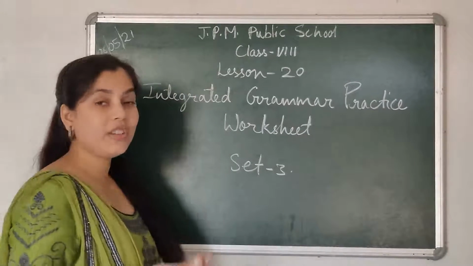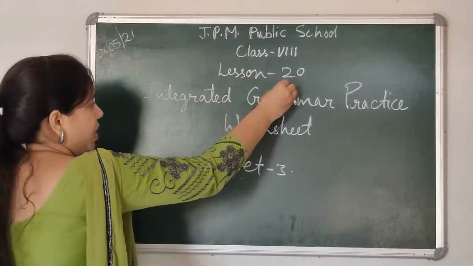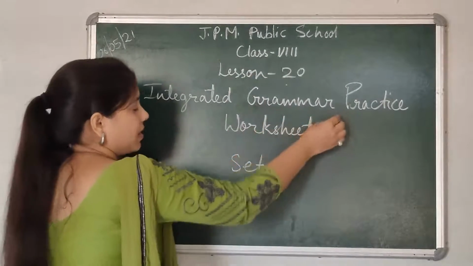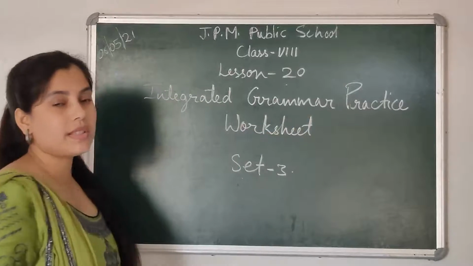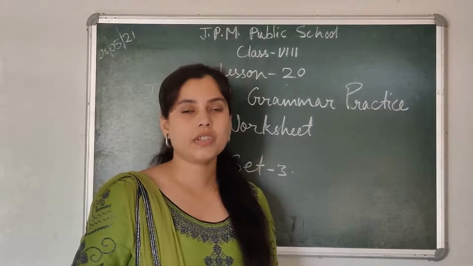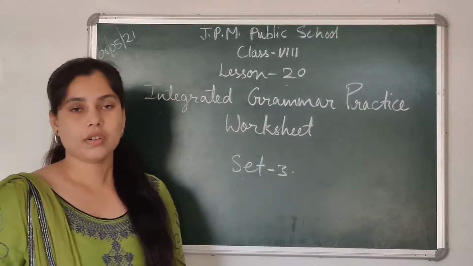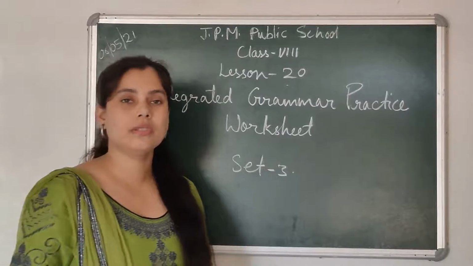Dear students, today we are going to do set 3 of lesson number 20, integrated grammar practice worksheet. Dear students, as we have discussed in our previous video, how we have to do the different kinds of sentences according to the questions which are mentioned on them.